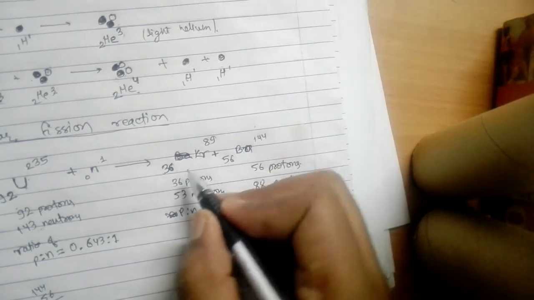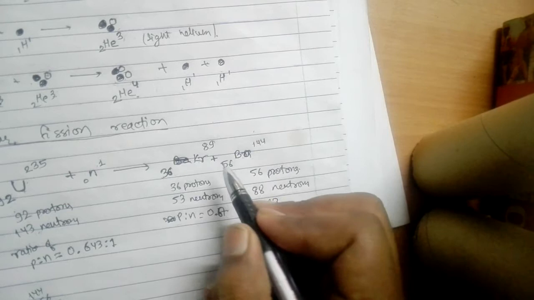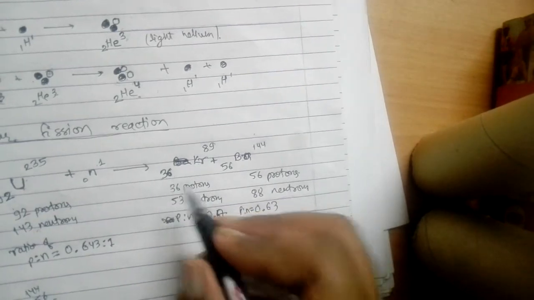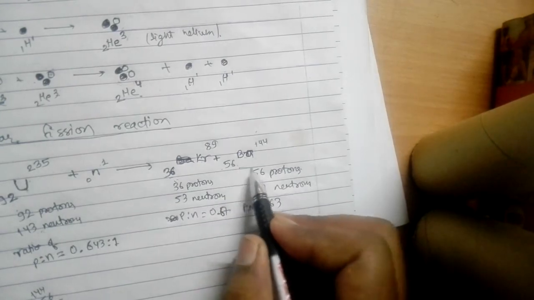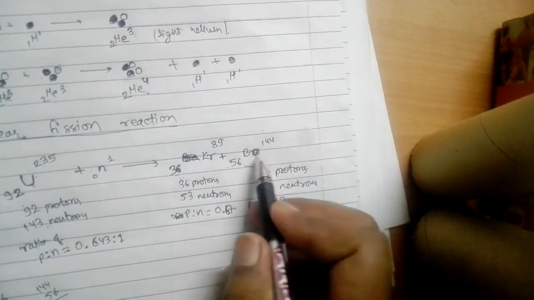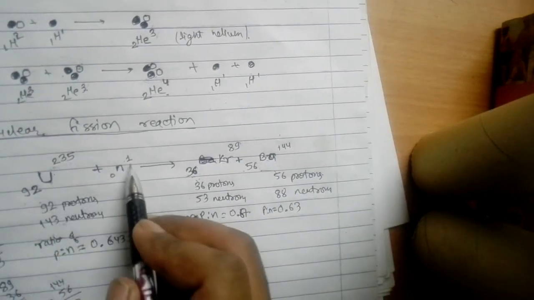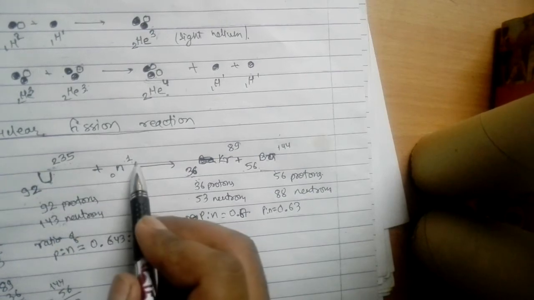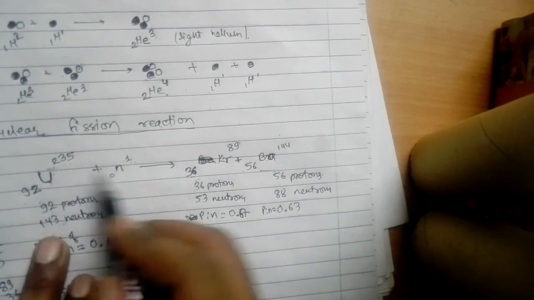Now that krypton and barium are already formed, what we can see is that the number of protons is balanced. 36 plus 56 is equal to 92, but the number of neutrons is not balanced. On the input side you can see that there are 236 neutrons. It has 144 neutrons.